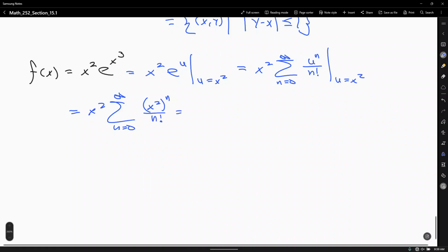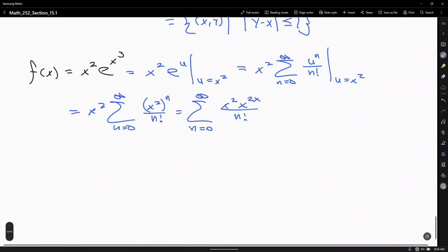Let's simplify the rule inside. I'm going to have this x squared inside of the series, x to the 3n over n factorial, from n equals 0 to infinity.